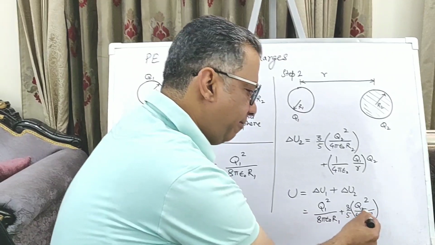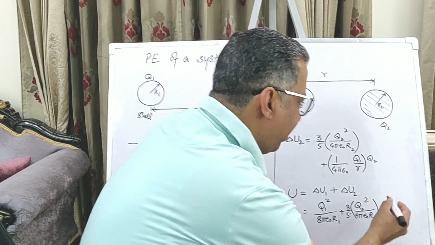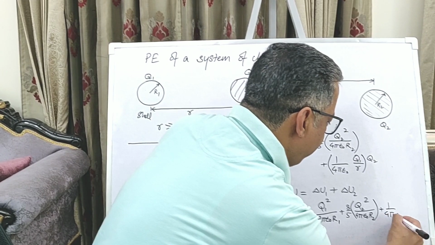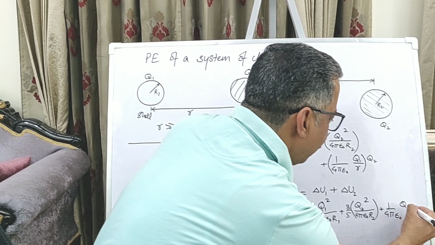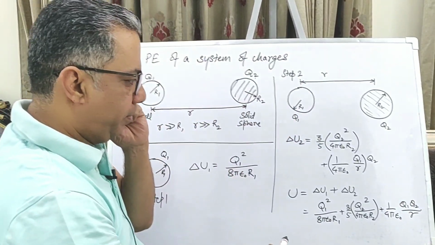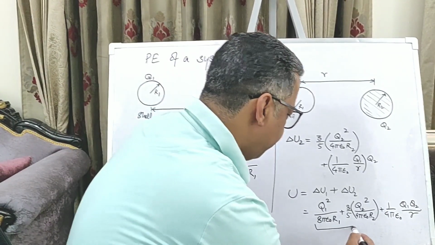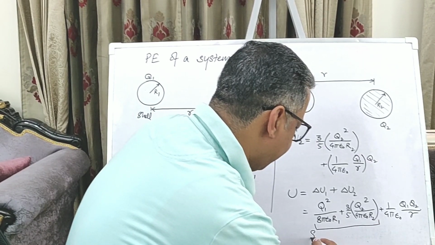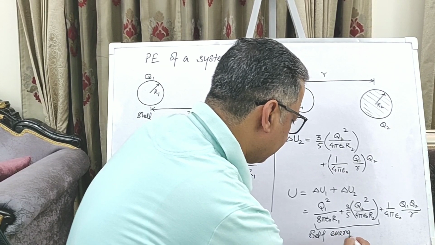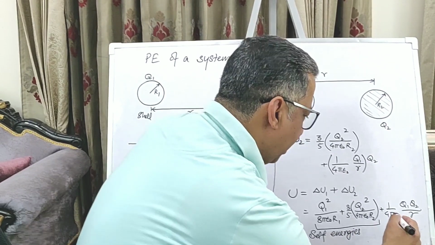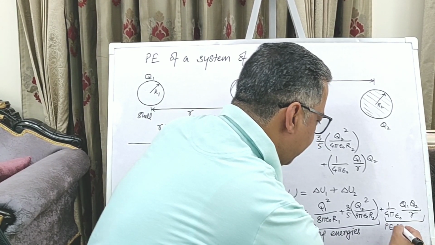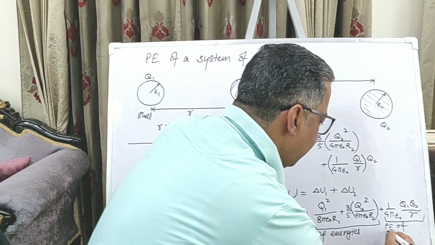These two are the self energies, and then we have this potential energy of interaction, which is 1 by 4 pi epsilon naught Q1 Q2 by R. So remember, these are the two self energies, and this here is the potential energy of interaction.